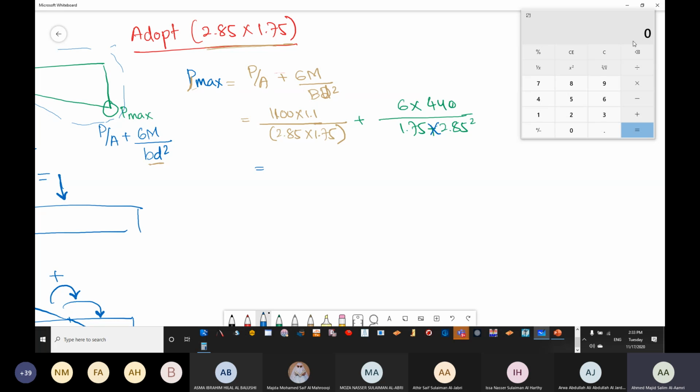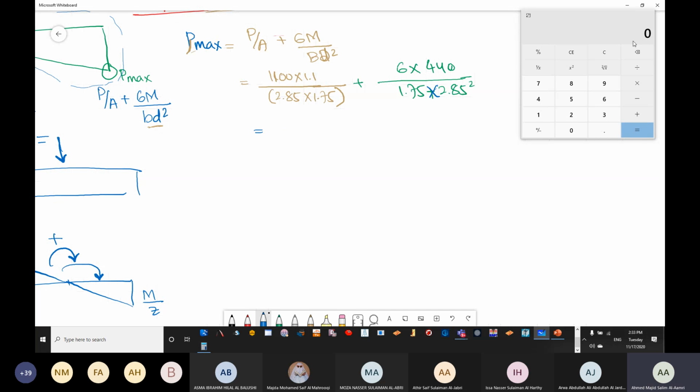Can you give me the answer now? Can you give me the answer of the first one? The first portion. How much is the first portion? This value is how much? 242.6.